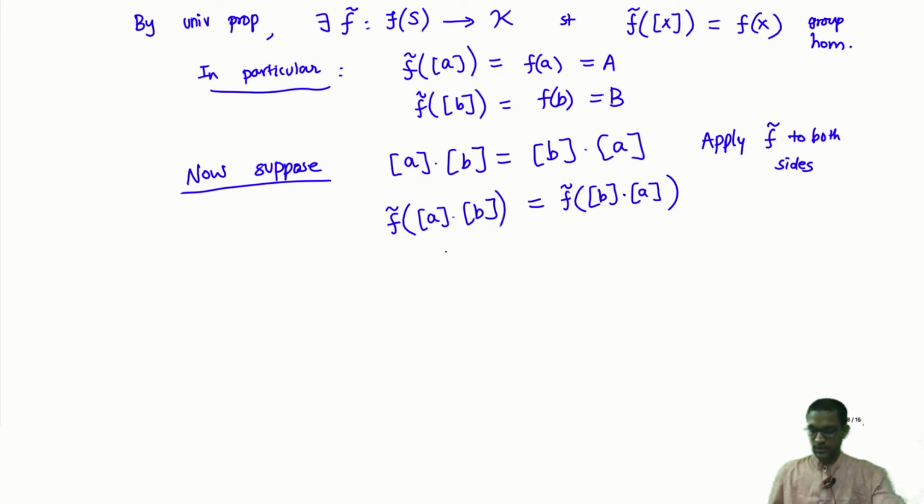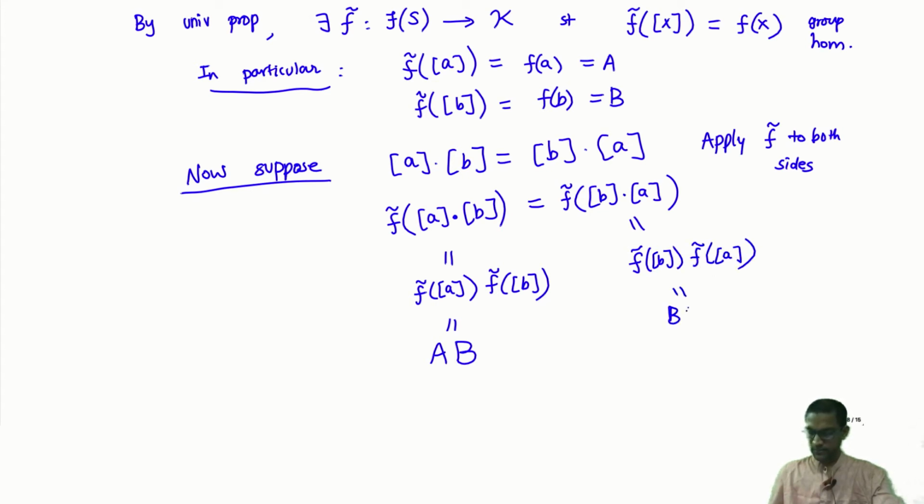Now comes the important thing. Remember, f tilde is a homomorphism, and this is now a product of elements. So this is going to be f tilde of A times f tilde of B, and that of course by choice is AB. If you do it to the other side, it's going to give you f tilde of B times f tilde of A, that is the element BA.